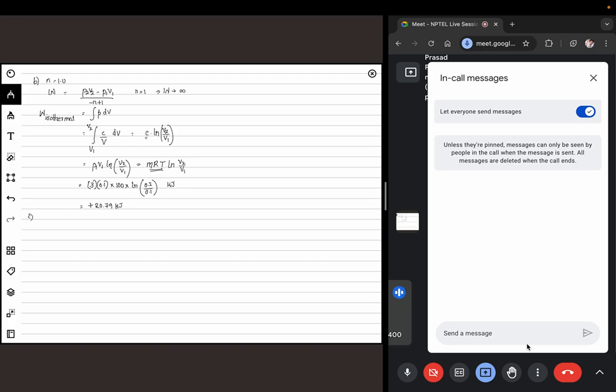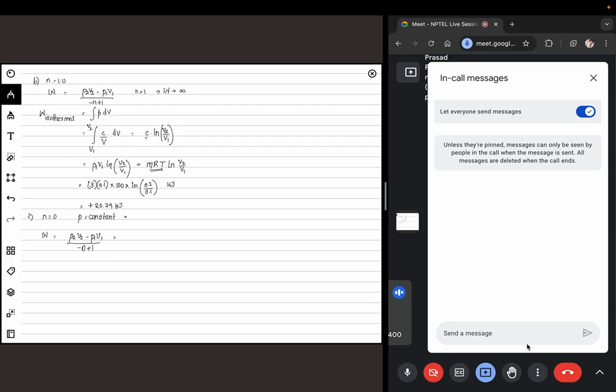Now coming to the third case, where you have n equals 0, which is P equals constant, so it's an isobaric process. If you substitute that in our original equation, W will be P2V2 minus P1V1 by 1 minus n, with n equal to 0, so you have 1 in the denominator.